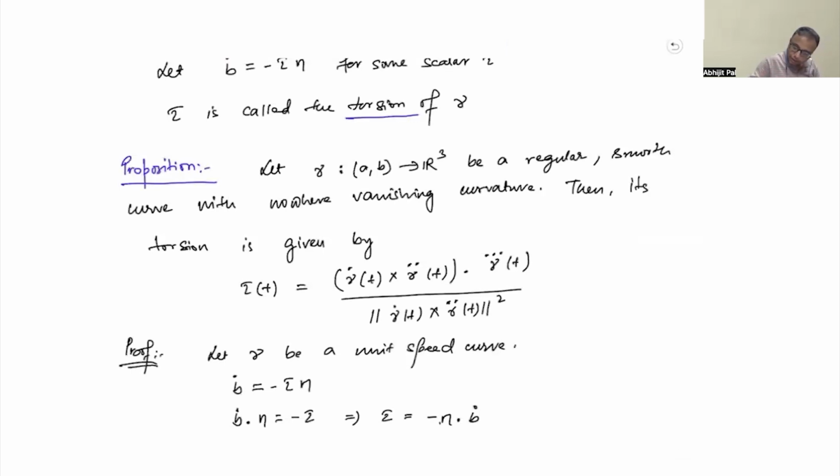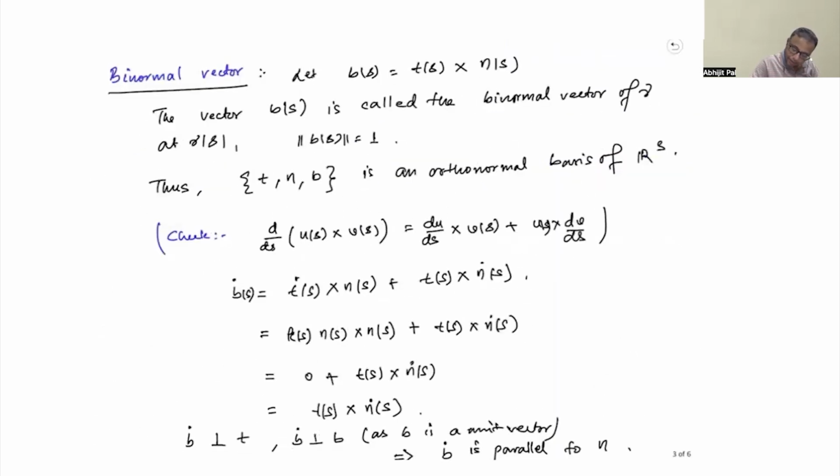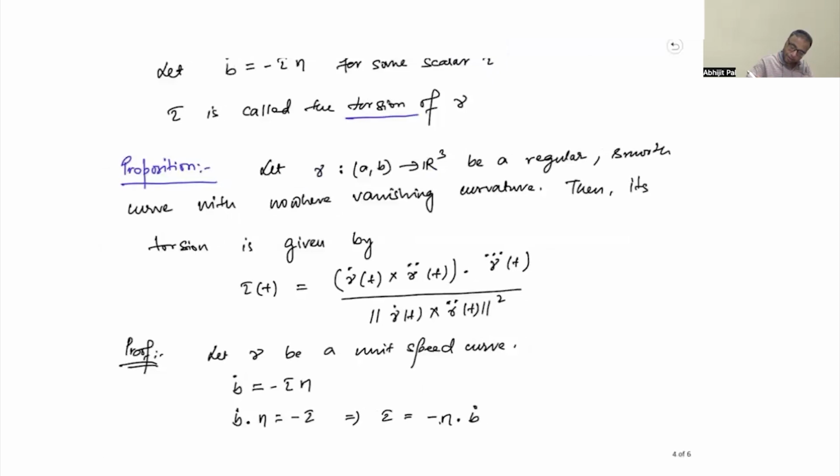So here also note this fact. From here, this beta dot b dot is equal to tangent vector product with n dot. So this is minus normal vector dot product with this vector.